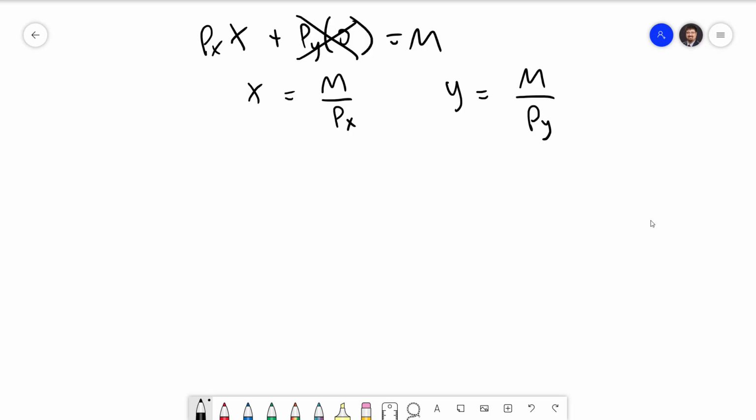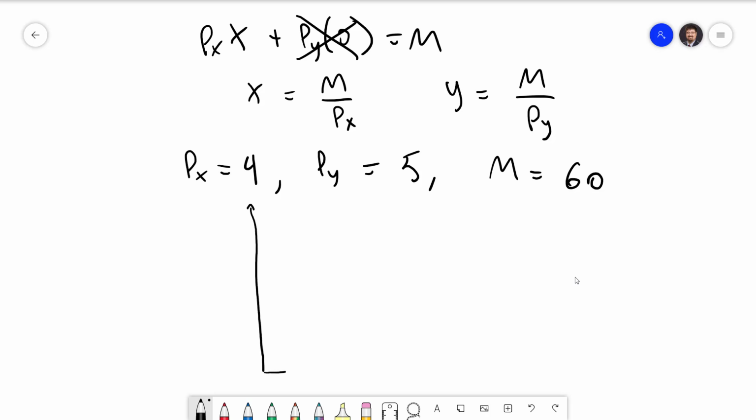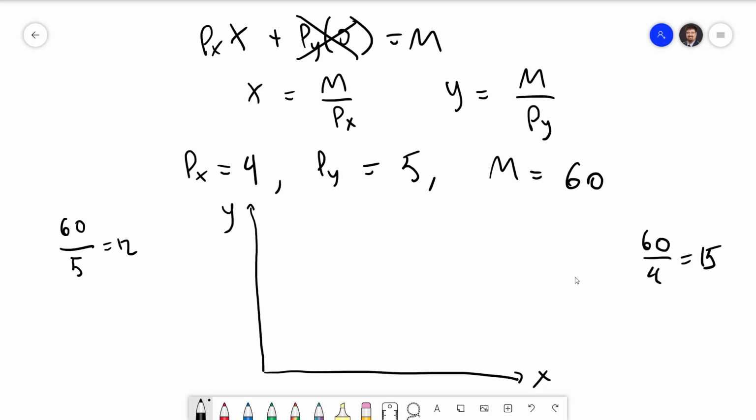Let's do an example. Suppose that Px is 4, Py is 5, and M is 60. To graph this, we'll sketch an axis, label with X and Y. The Y-intercept is going to be 60 over 5, which is 12, and the X-intercept is going to be 60 over 4, which is 15. To graph this, I'm going to mark out 12, and I'm going to mark out 15, and then I'm going to connect those up with a line.